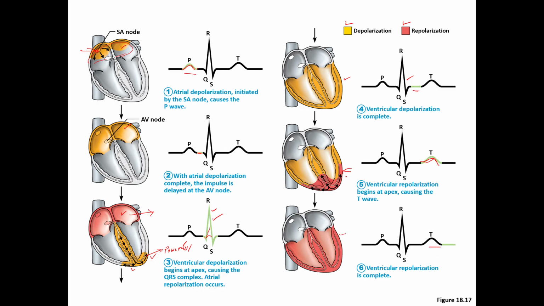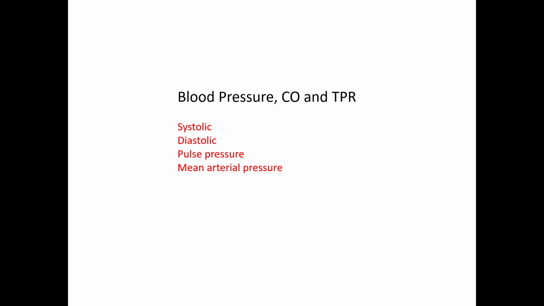So the whole thing is called the cardiac cycle. Okay, from the beginning to the end. And that is one cardiac cycle you can see in the EKG, three components. So let's stop here.